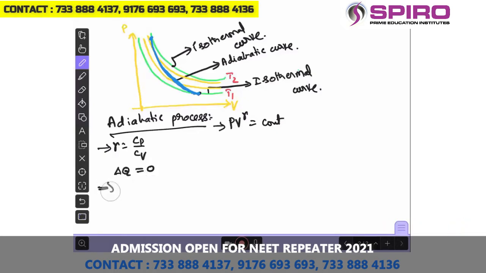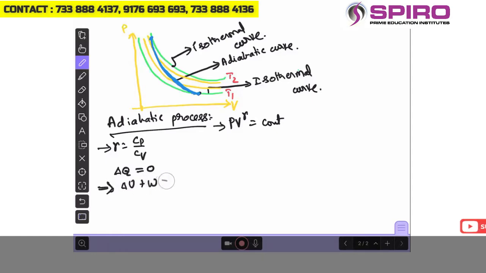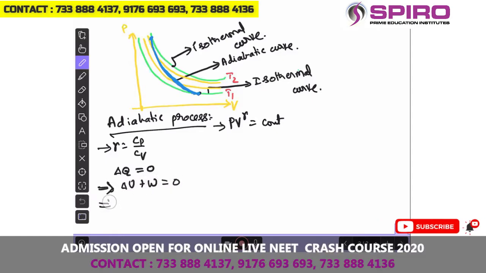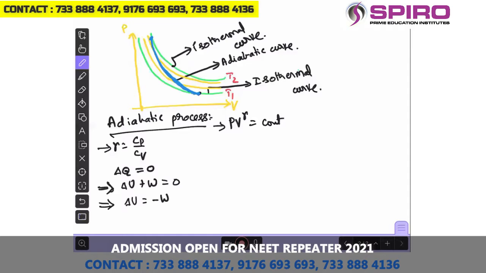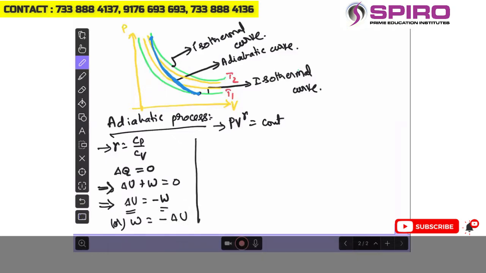That implies delta U plus external work done will be zero, so delta U is equal to minus W. Whatever the change in the internal energy is, if the internal energy increases, temperature increases, and work done is negative, that means volume decreases. If this is positive, this will be negative, or W is given by minus delta U.